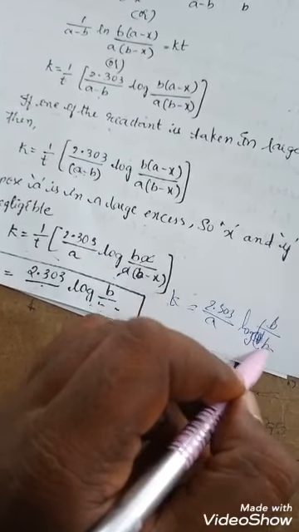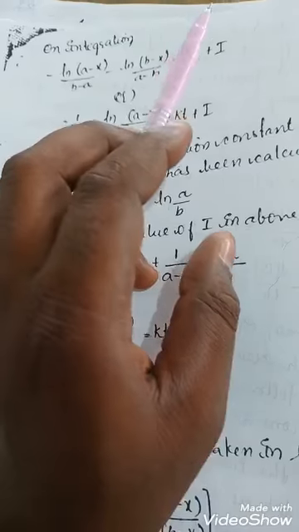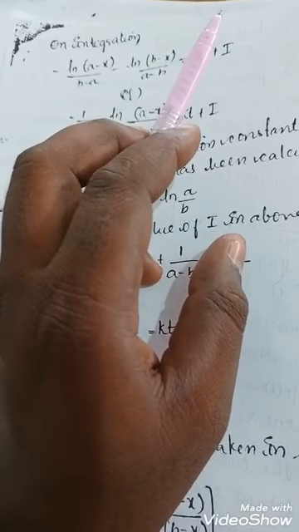What should we do on integration? Minus ln a minus x by b minus x, that is, minus ln a minus x by a minus b, equal to kt plus I. In integration, log a minus log b is written as log a by b.